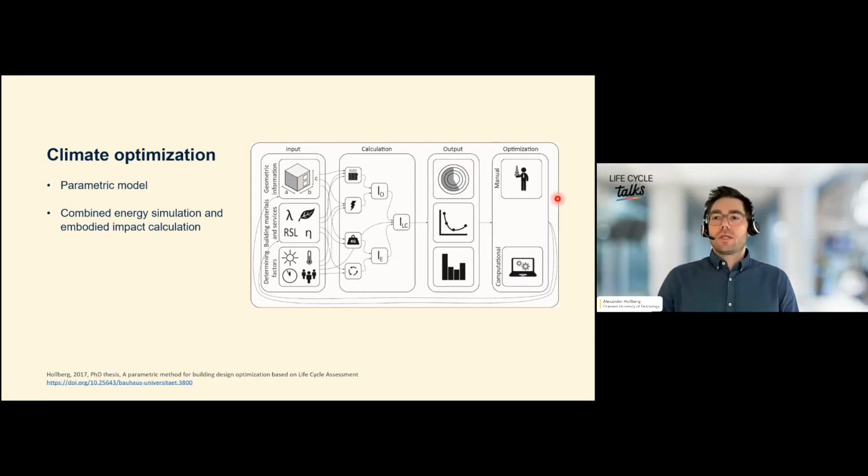And then designers can use the information to iteratively change some inputs, see if I get better or worse, and in this iterative cycle, improve the building. Or we can hand over this optimization task to the computer, which I will also show a bit later.